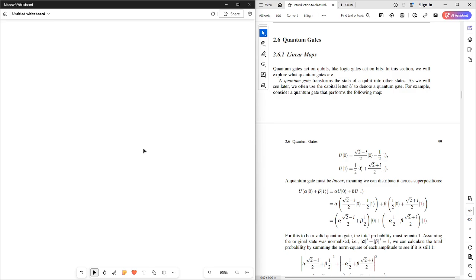So simply put, as it says right there, quantum gate U transforms the state of a qubit into other states.